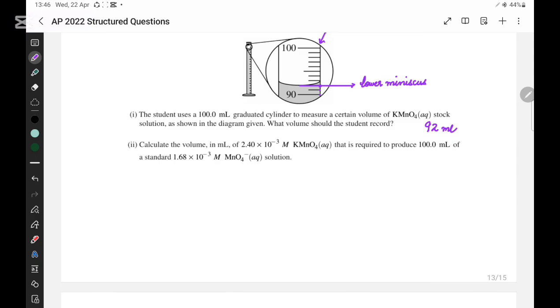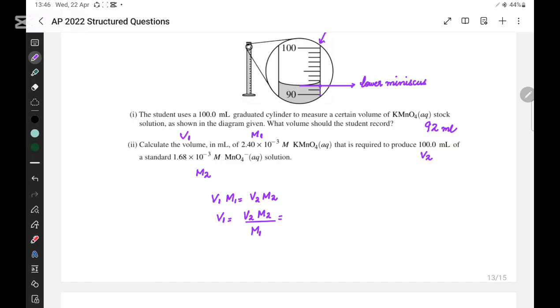Calculate the volume in milliliter of 2.40 times 10 to the power minus 3 molar KMnO4 that is required. So you need to find the volume, which is going to be V1, with molarity M1, that is required to produce 100 milliliter, which is going to be V2, and the molarity here is going to be M2. So we have the formula V1 M1 is equal to V2 M2, and as we know, V1 is equal to V2 M2 divided by M1.